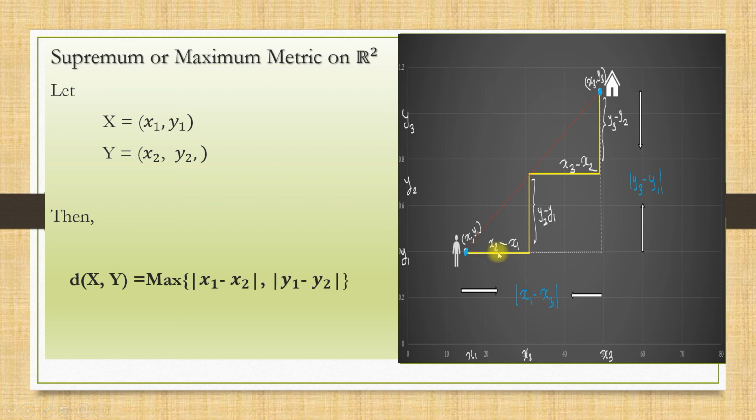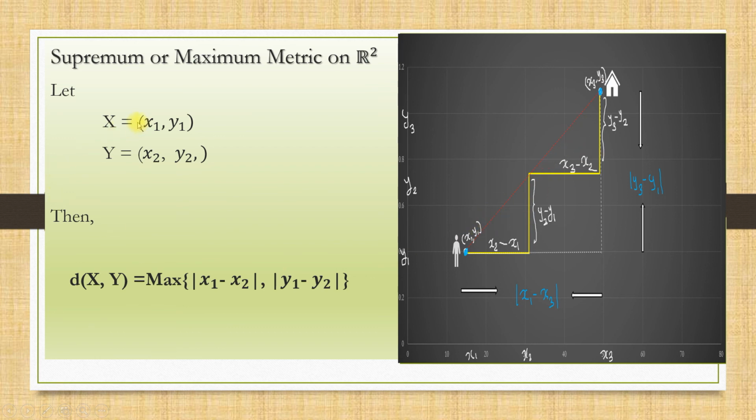The horizontal line is the absolute distance between x1 and x3. The vertical line is the distance between y1 and y3. So if we take the maximum of |x1 minus x3| and |y3 minus y1|, this is called the supremum or maximum metric on R2. And note that the red line indicates the shortest distance between the two points (x1, y1) and (x3, y3), which we already discussed earlier, given by the square root of (x3 minus x1) whole square plus (y3 minus y1) whole square. Just note that.